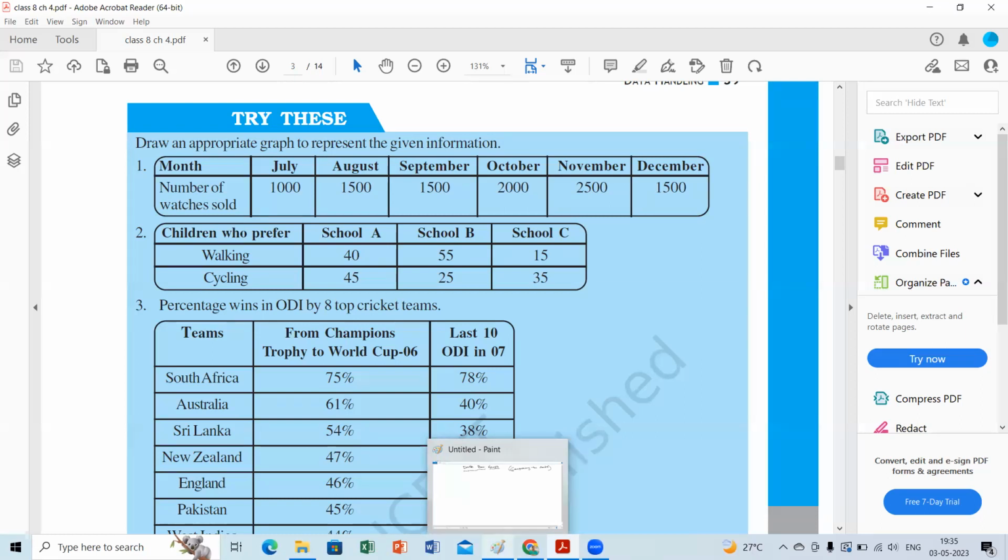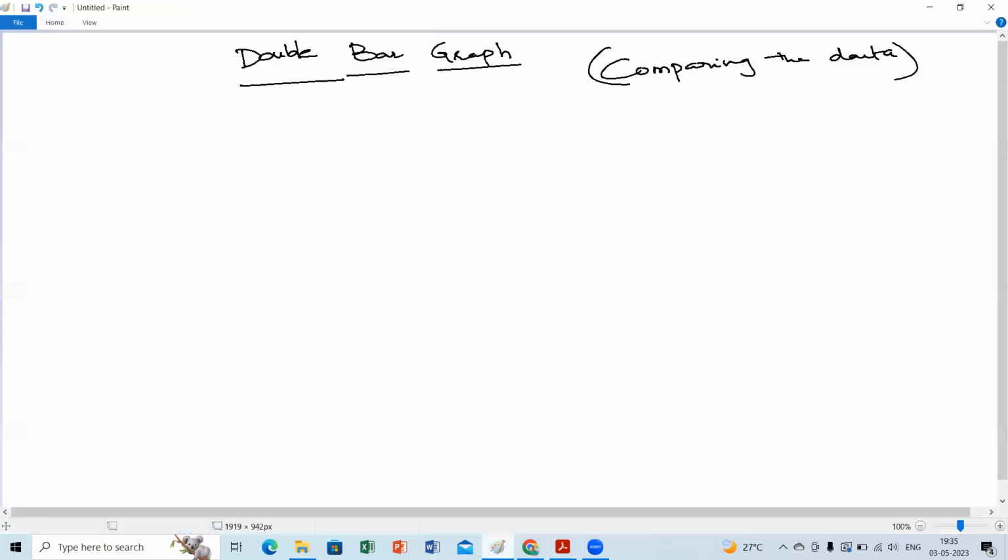Children who prefer walking and cycling from different schools A, B, C. Yes, ma'am. Any other things? What is a suitable title here, Shrestha?